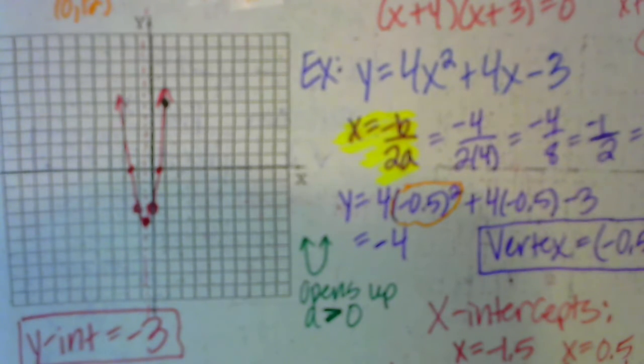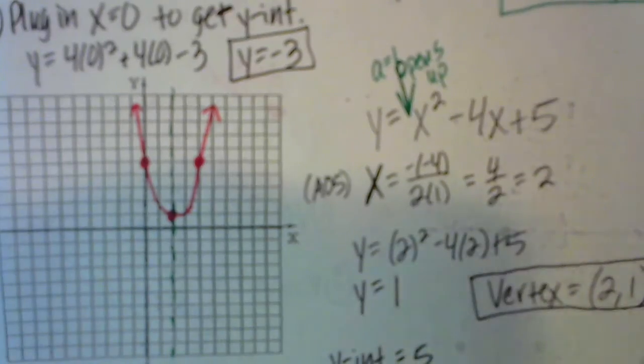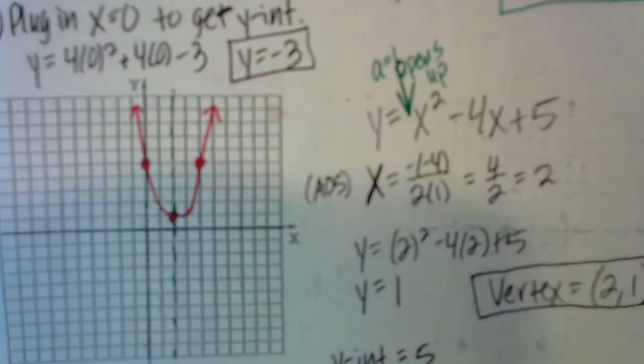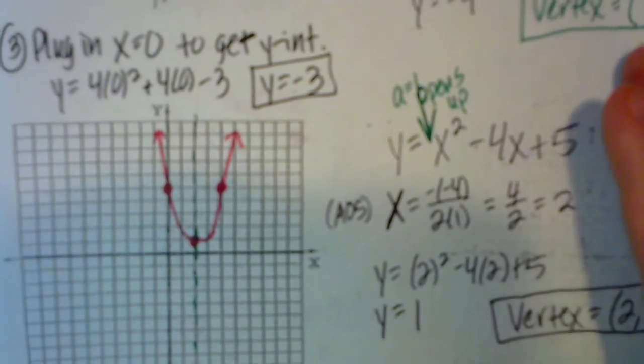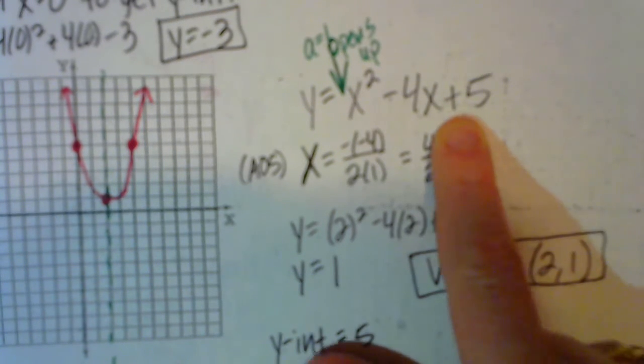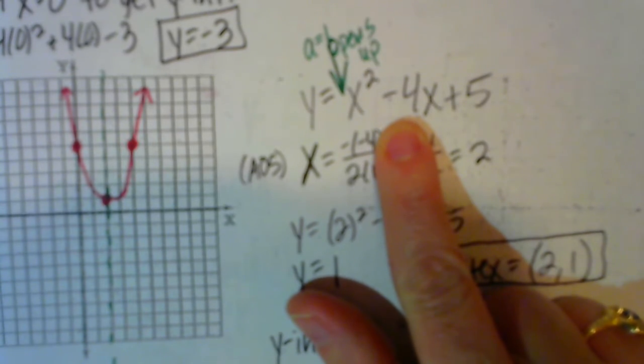Alright, so the next thing I want to do, both of these had x-intercepts. So I'm going to show you one that does not have any x-intercepts. The reason I know that is because this would be multiplies to give you 5 and add to give you negative 4. And there's nothing that does that.